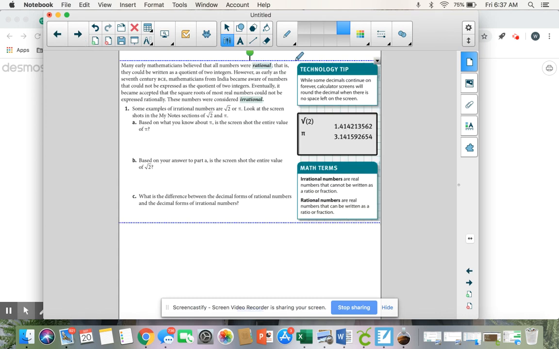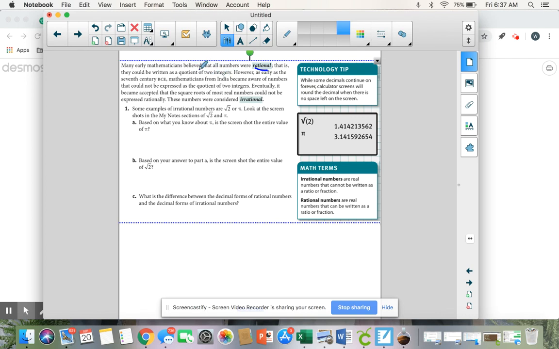All right, so still on page 59, now we're going to read about rational and irrational numbers. It says, many early mathematicians thought that all numbers were rational. That is, they could be written as a quotient of two integers.